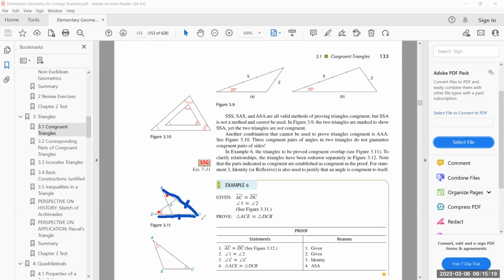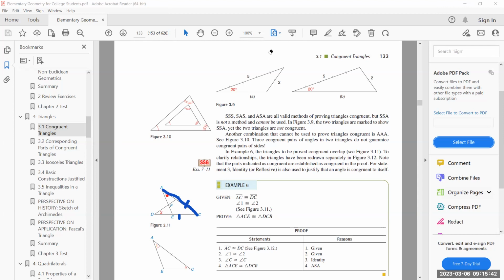But I don't get how you find the CE, third triangle one. ACE. Well, if you have ACE and you have DCB, right? What do they share in common?